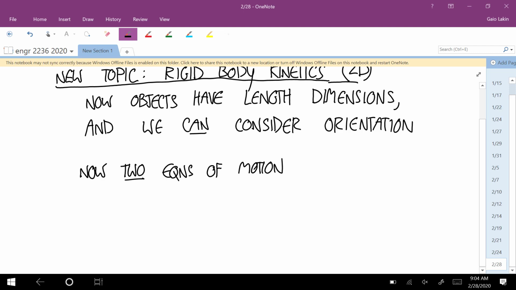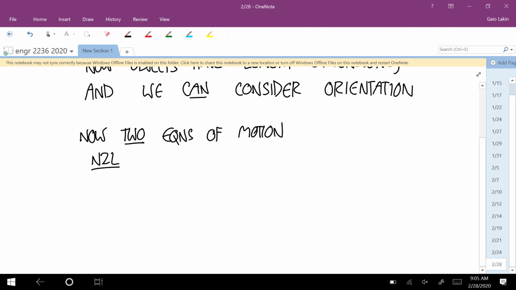The first one is still Newton's second law. And that says that if you add up all the forces on the chosen body, so F net, that's equal to the mass of the chosen body times the acceleration of its center of mass.